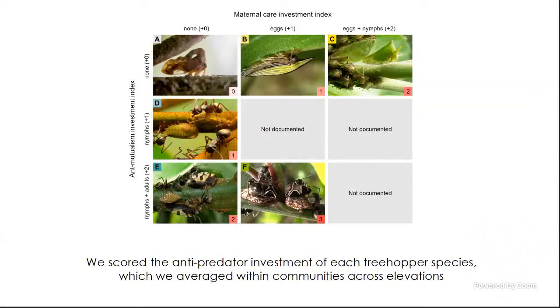Here, the rows depict the degree of investment in mutualism, ranging from no investment at the top, mutualism limited just to the nymphal stages in the middle, to mutualism across all life stages at the bottom. The columns, on the other hand, depict investment in maternal care, again ranging from no investment at the left, maternal care limited to the egg stage in the middle, and maternal care of eggs and nymphs to the right.